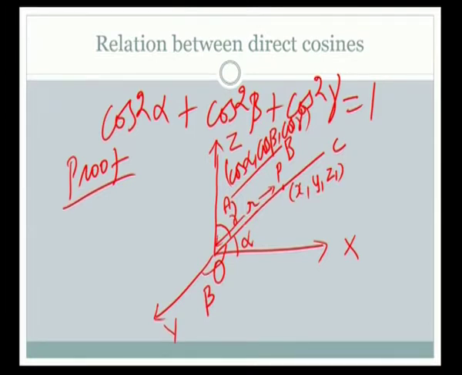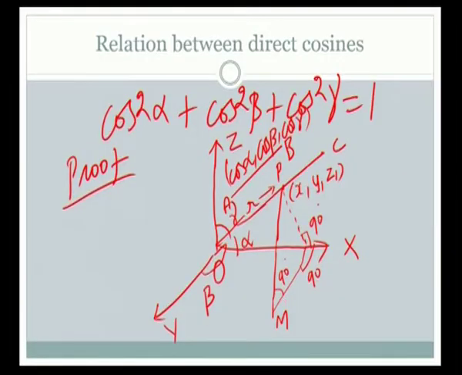Now, draw perpendiculars PM and MN from P and M to the xy plane. So, this is the perpendicular. Then from the triangle OP, draw a perpendicular PM to the xy plane.